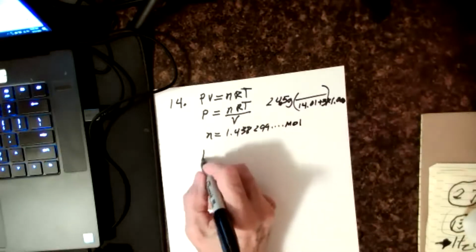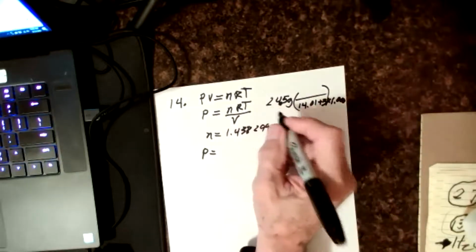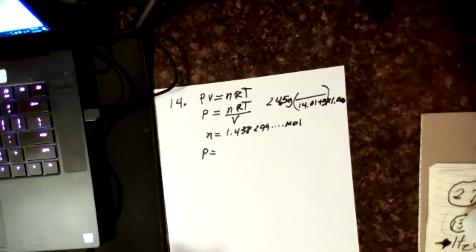Now I can solve for P. It's n times R times T. Let's see what the temperature was. Oh, it didn't give me one, but I'm sure it was intended to be the same as the one we used up here.